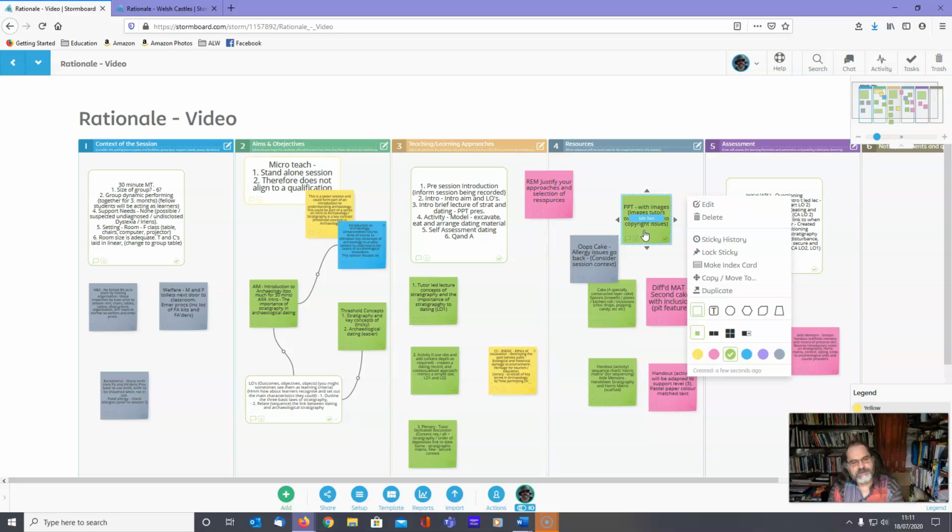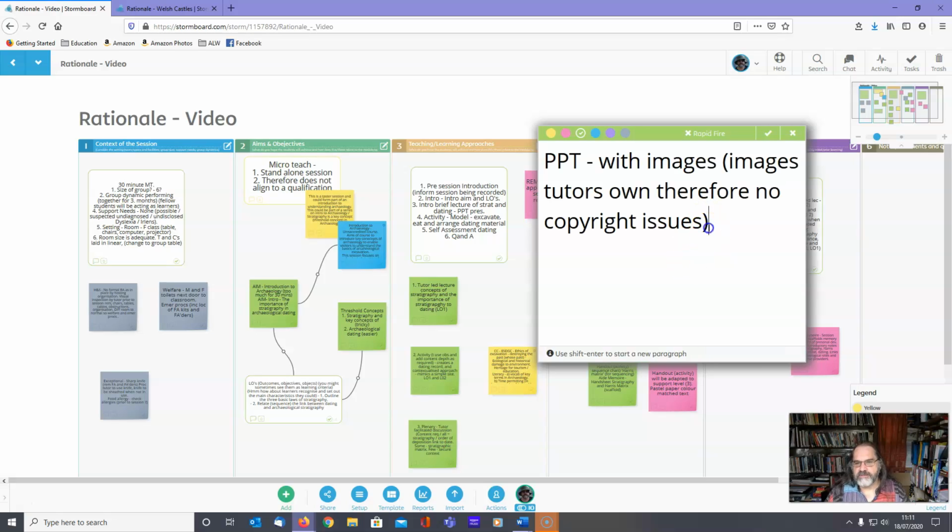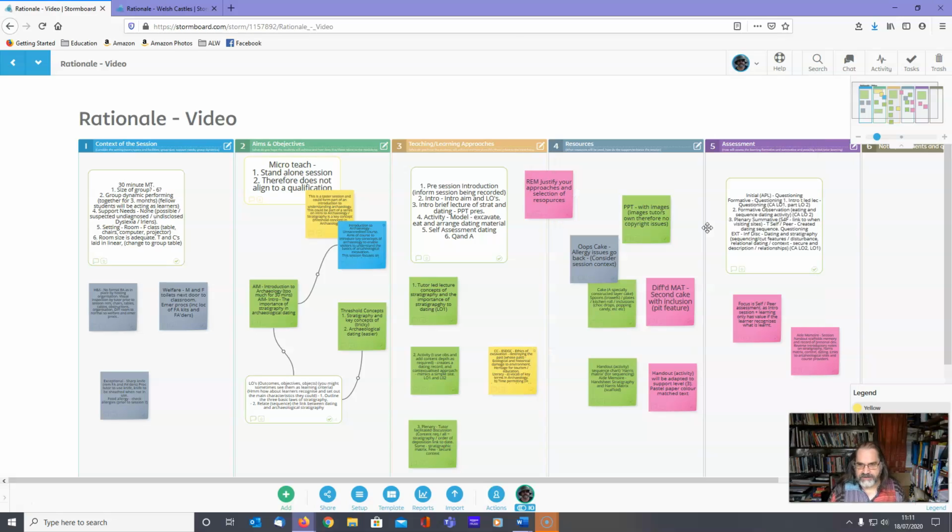Important note, especially in micro teaches: everyone's going to tell you that the tech's going to be fine, the tech's going to work. Contingency planning is what you will do if the tech does not work. Tech failures are very common in education.